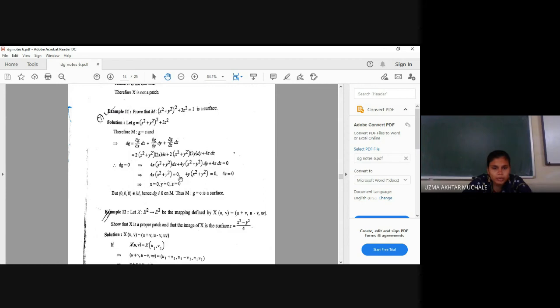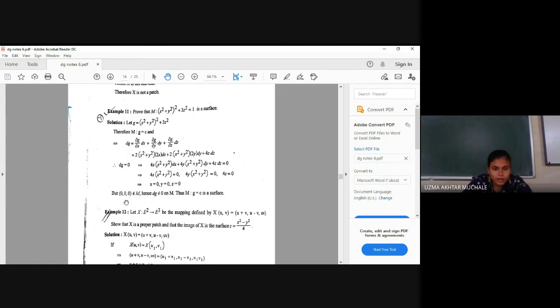Let us assume all the partial derivatives are equal to 0, which means that x, y, z all are 0. But does 0, 0, 0 belong to your surface? If you put x is 0, y is 0, z is 0, you are getting 0 is equal to 1. But 0 is not equal to 1. Hence, this 0, 0, 0 is not a point on the surface M.